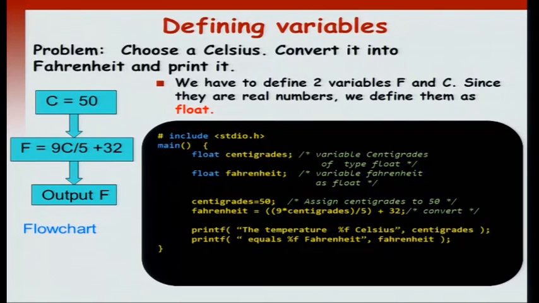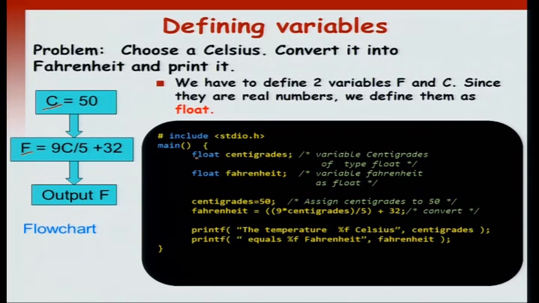So in the flowchart we have seen that we have two variables C and F. These are the variables that we would want to implement in the C code. So let us see how to do it. So we write the following C program in which now we have two more components.